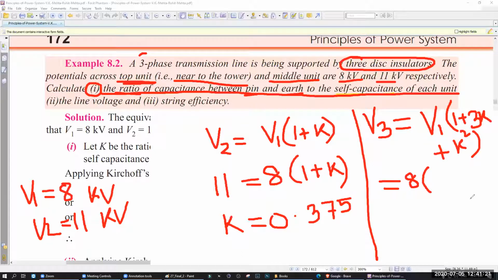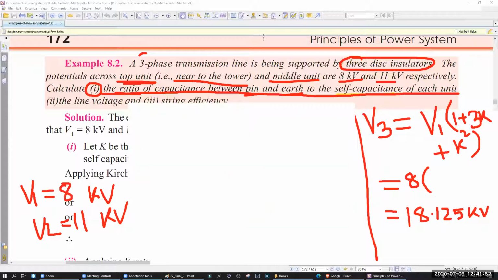So V1 is equal to 8, 1 plus 3K plus K square. You can actually directly write it: 1 plus 0.375 into 3 plus 0.375 square. 18.125. Okay? That is your V3. Now, what will be your V?